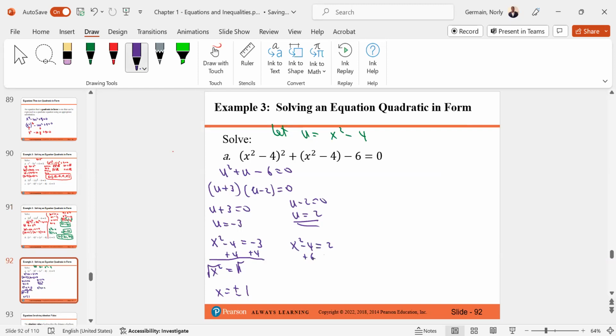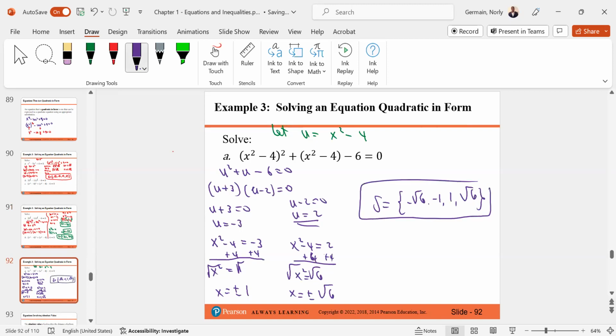If you add 4 to both sides, x squared would be equal to 6. Taking the square root of both sides, x would be plus and minus the square root of 6. The solutions, as you can see, are negative square root of 6, negative 1, 1, and square root of 6, which is 4 solutions, because x squared, power 2, gives us a power 4. Okay? All right. Understand quadratic in form.